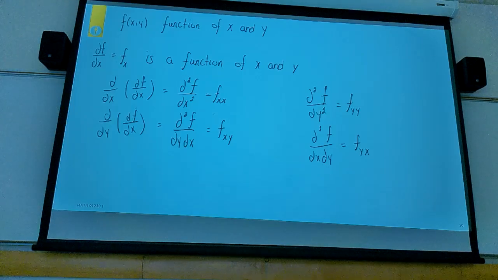And then obviously you can keep going. So we could have a 10th order partial, and it could be mixed. But use Clairaut's theorem to your advantage. If you're asked to find a higher order partial, remember the order doesn't matter.